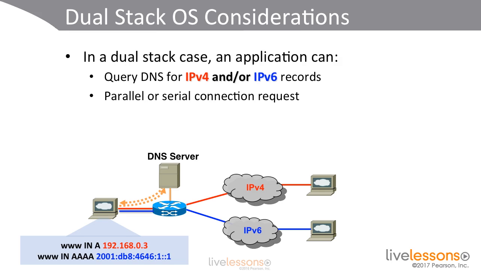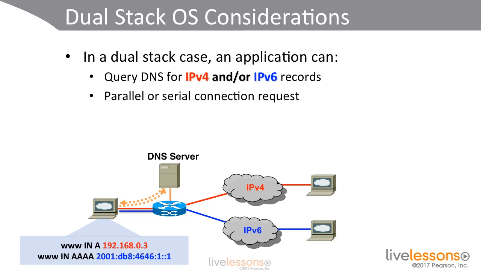Your host here will send a TCP SYN request to the address in that quad A record. It'll wait 7 seconds for the SYN ACK to return, send another SYN, wait 7 seconds, send another SYN, wait 7 seconds, and then default to the A record.